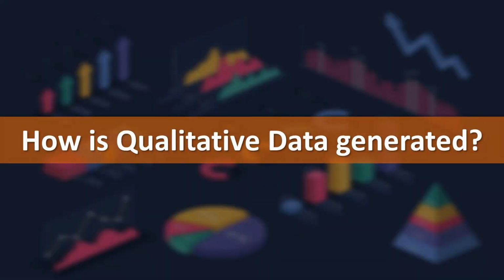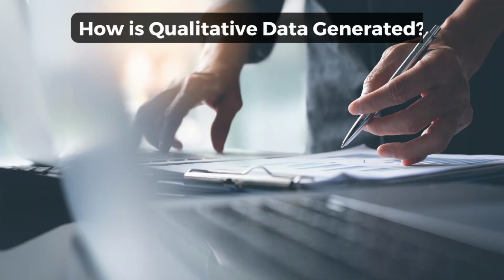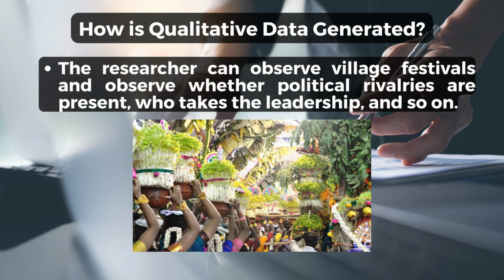Now let us look at how qualitative data is generated. The researcher can observe village festivals and observe whether political rivalries are present, who takes leadership, and so on.